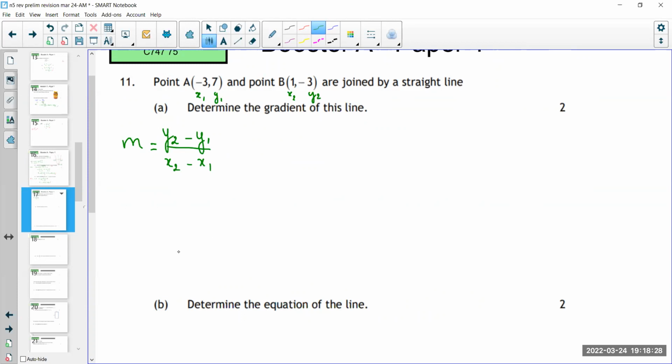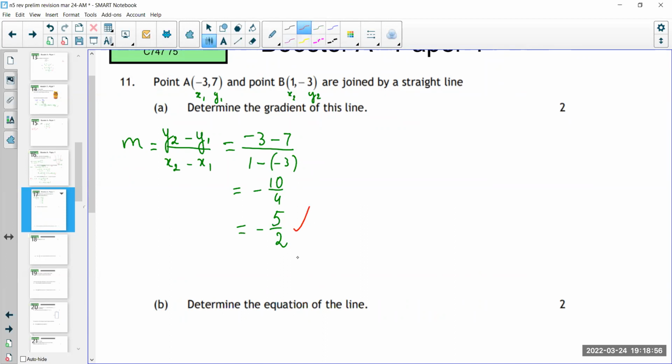We've done enough of these so that from now on, you need to be able to say it's negative 3 minus 7 over 1 minus 3. And that just gives you negative 10 over 4, which you can simplify because they're both even as negative 5 over 2.